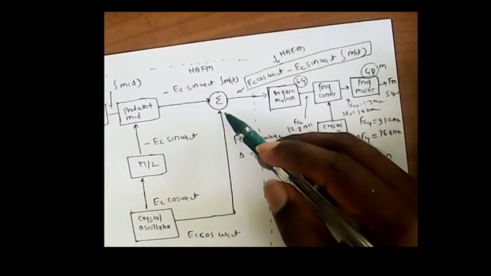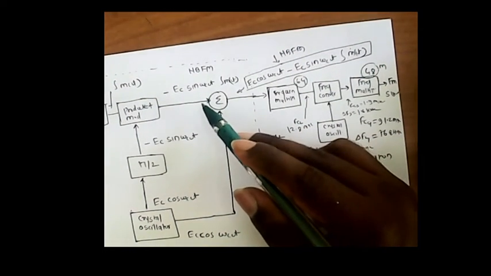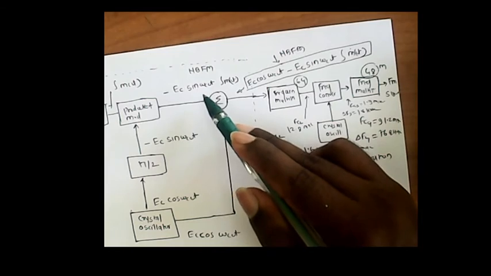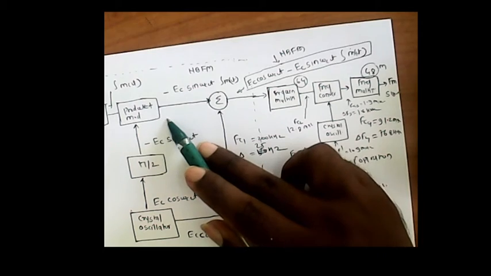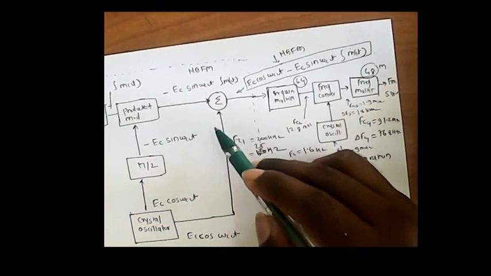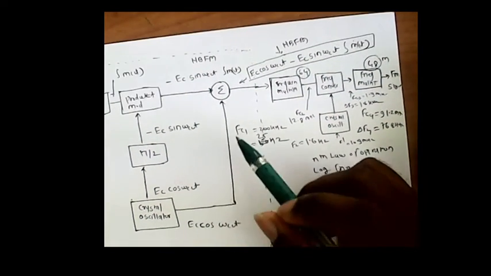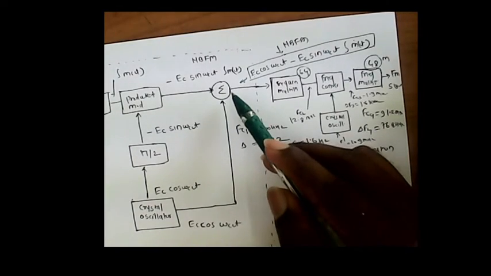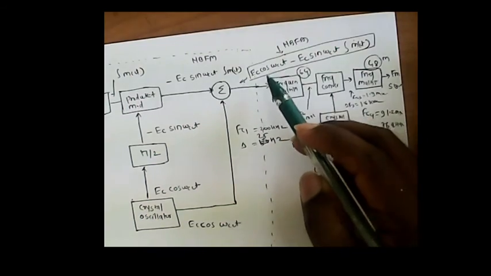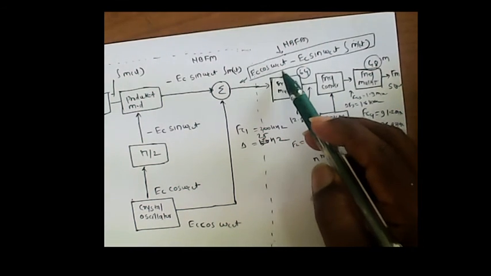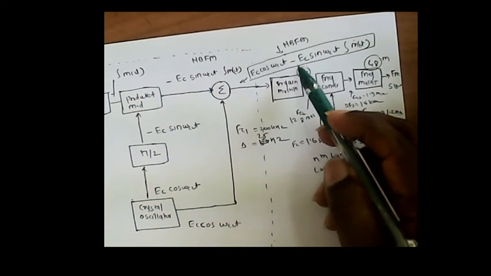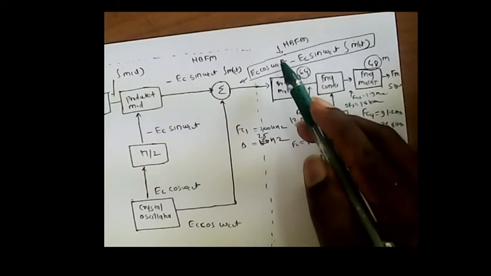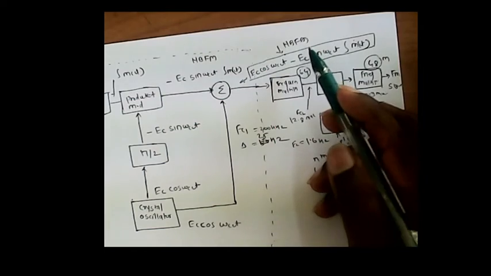The first is the output of the product modulator, minus E c sin omega c t times the integral of m of t, and the second input is E c cos omega c t. So the final equation is E c cos omega c t minus E c sin omega c t times the integral of m of t. This is the narrow band frequency signal.